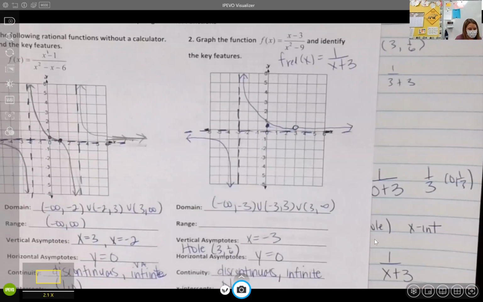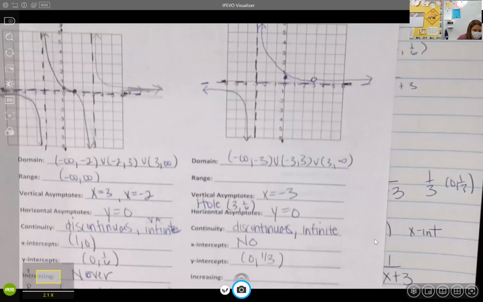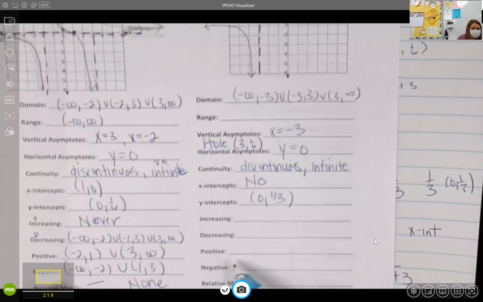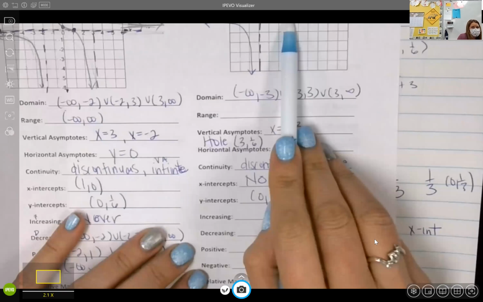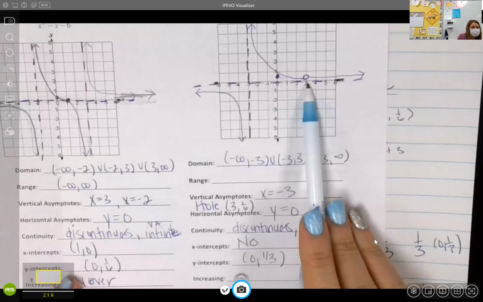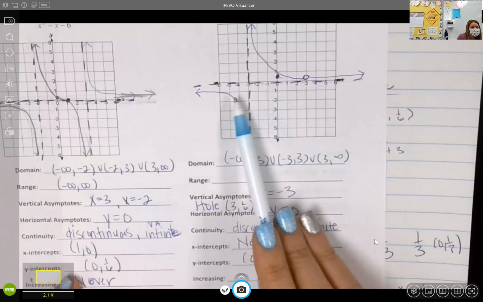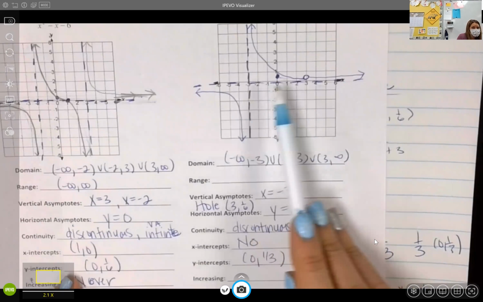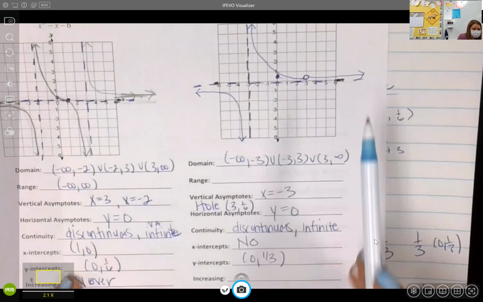Okay? So when we do that, what that told us is the positive and the negative. So fill in your positive and your negative. Now, when you do the positive, because there was a hole, you do have to stop at 3. Even though it's always positive from here to here, I'm going to go negative -3 to 3, and then 3 to infinity on the positive, okay?